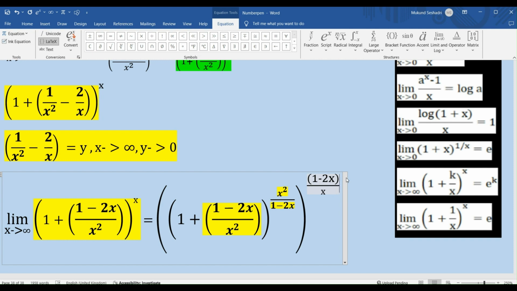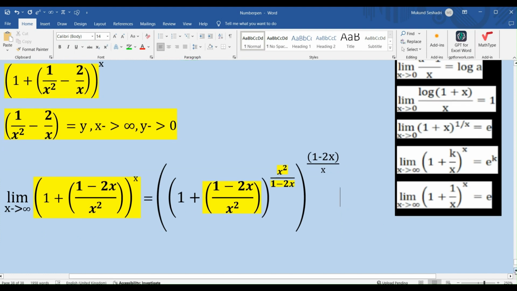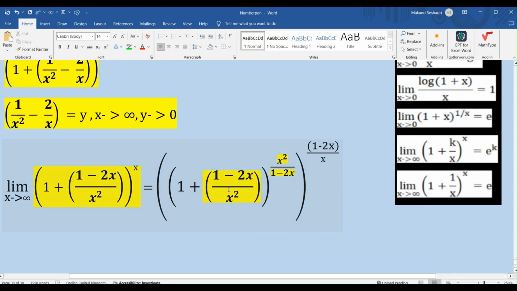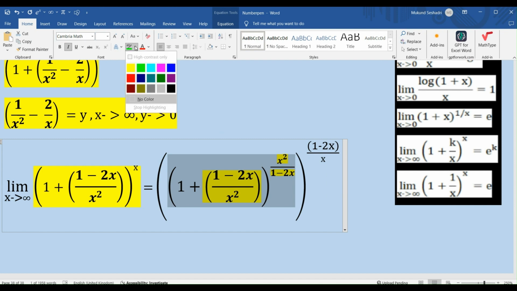And so now, if we saw in the previous step that (1 minus 2x) by x square tends to 0, and therefore x square by (1 minus 2x) will tend to infinity, right? So what is this expression? Let me highlight it, using a different color altogether.